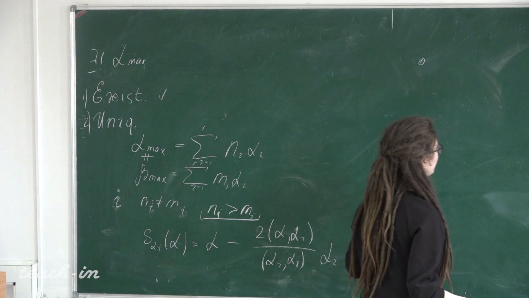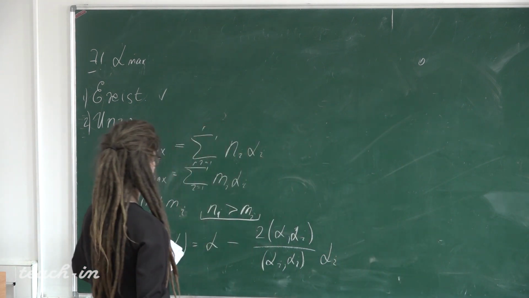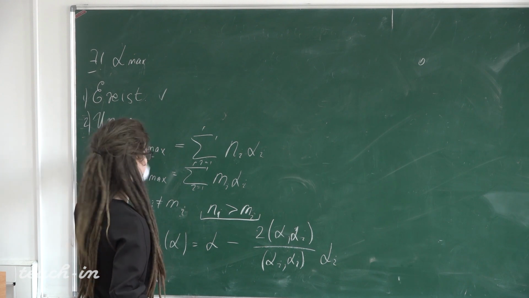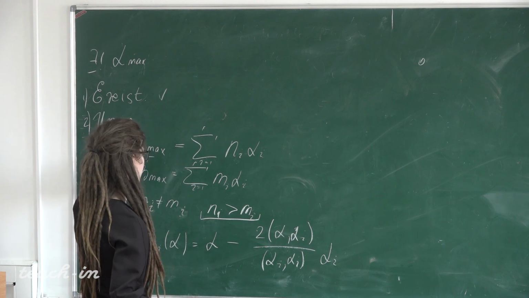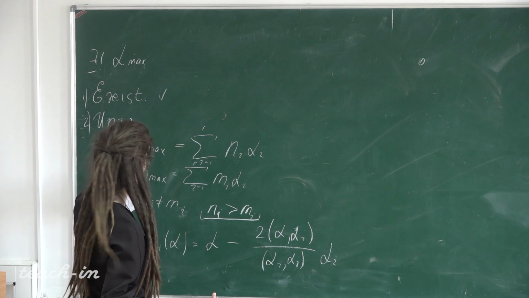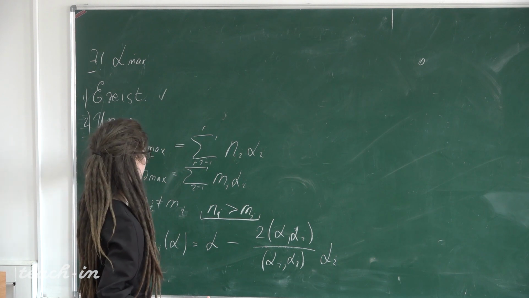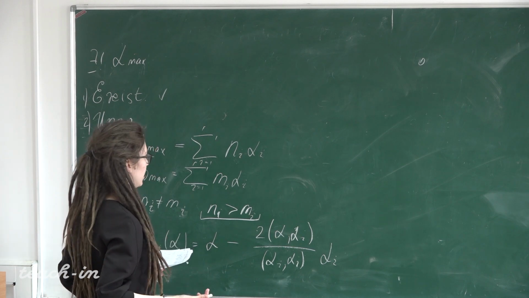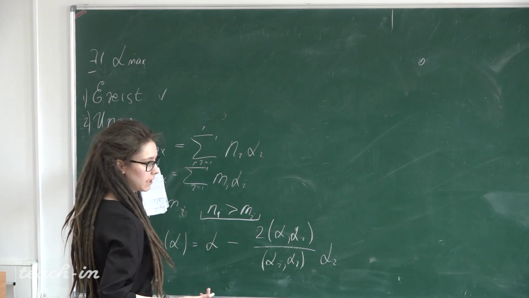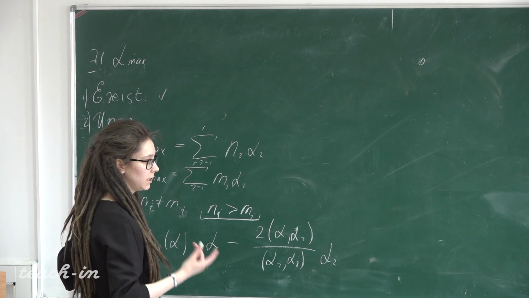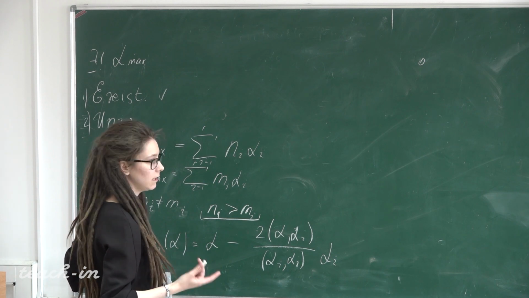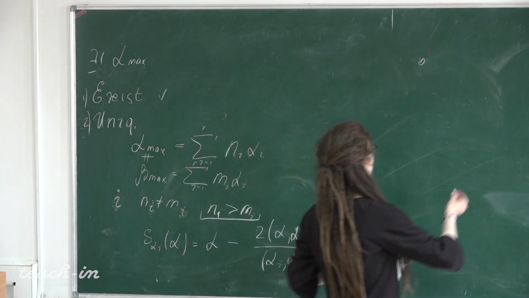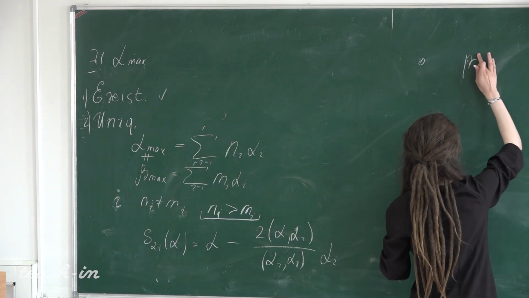The first thing: we can reflect alpha max to something, and we can construct a sequence of reflections that will go from alpha max to beta max. If they are both the same height, it means that this sequence should preserve height on every step.